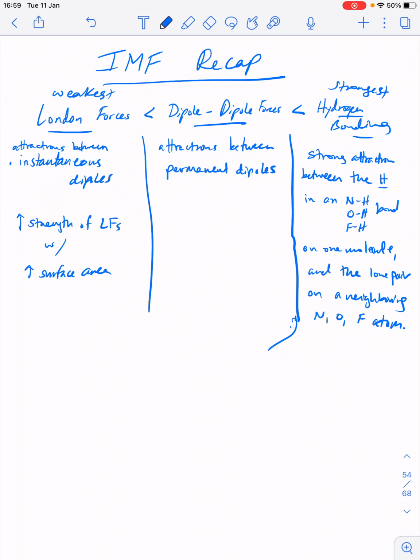It's not something you're going to be asked to define, but that's what it is. It is the strongest type of attraction.